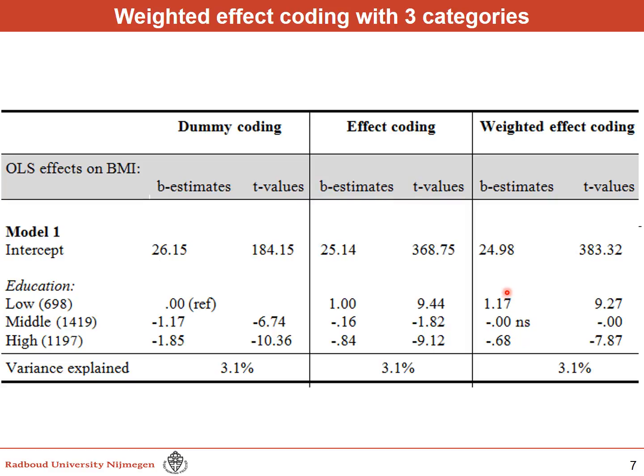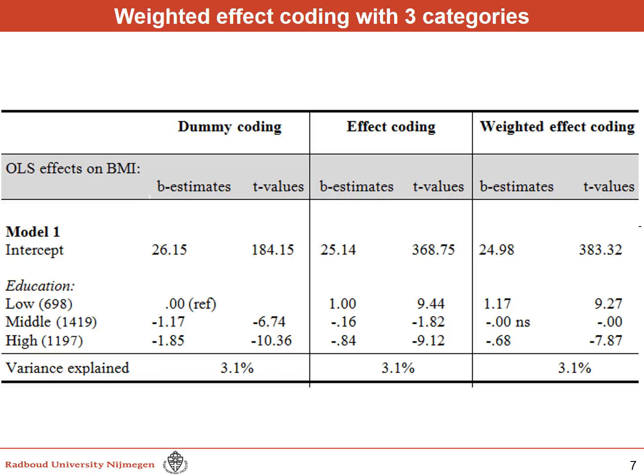And we find that the lowly educated are about 1.17 points above that sample mean, and the highly educated are minus 0.68 from that sample mean. And you may also notice that the t-values over here and the t-values over here are quite different.